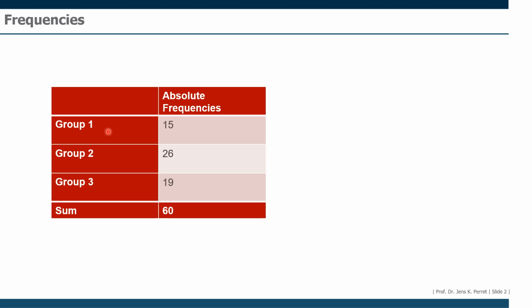However, the real frequency table would have only certain values here on the left. So for example, if we have height, I would have one row only for 1 meter 70, 1 meter 90, something like this.